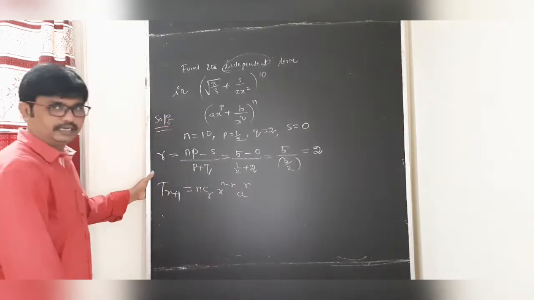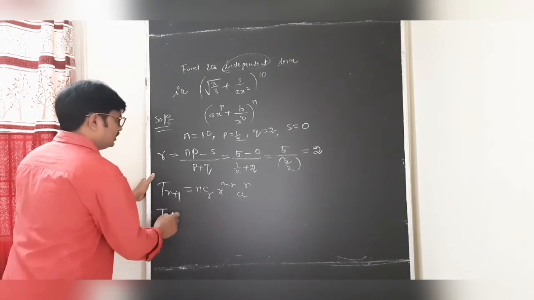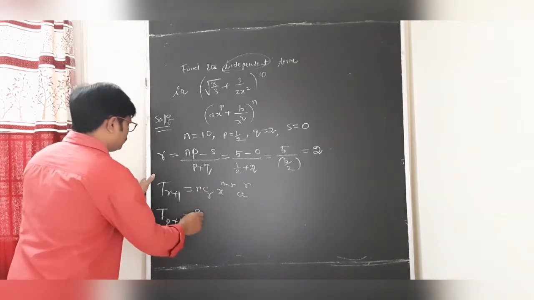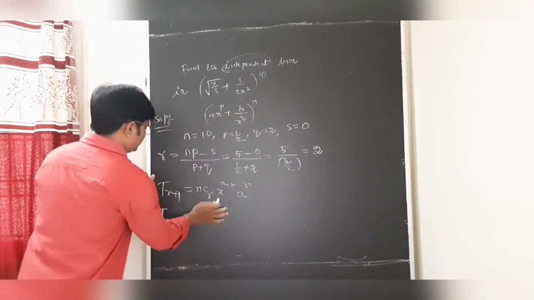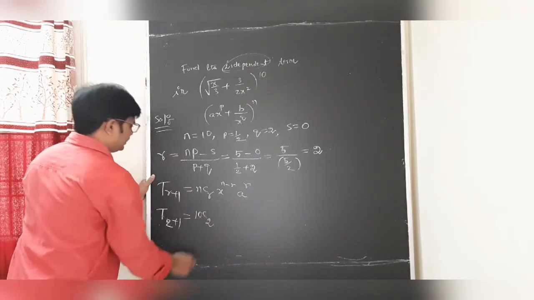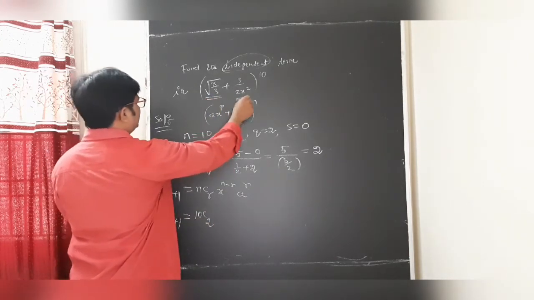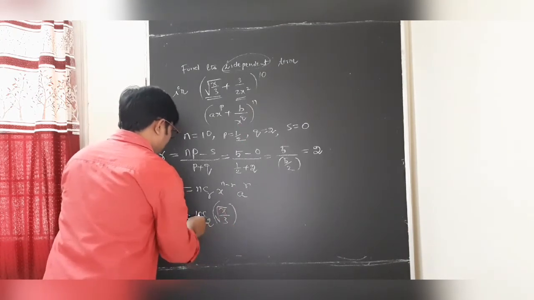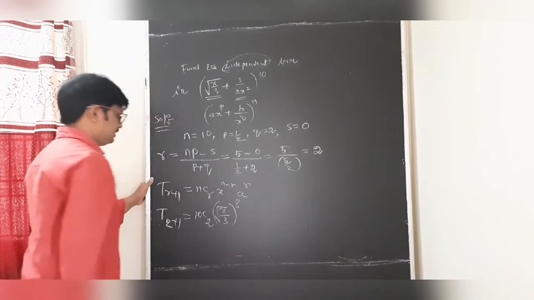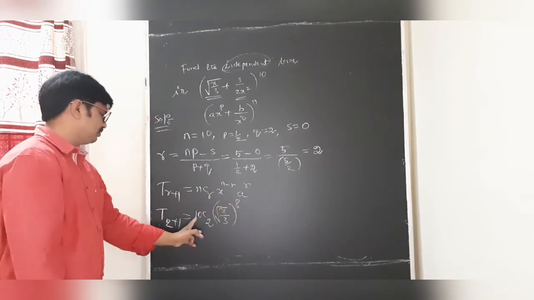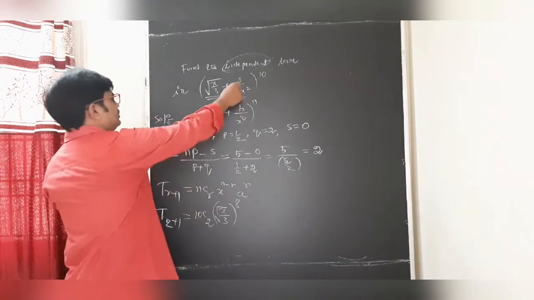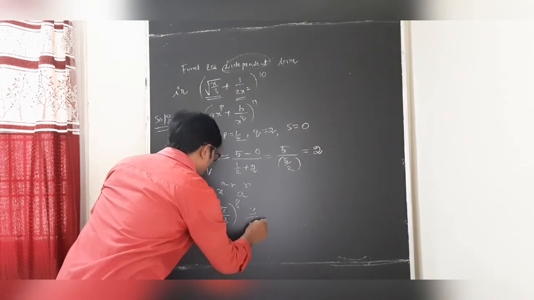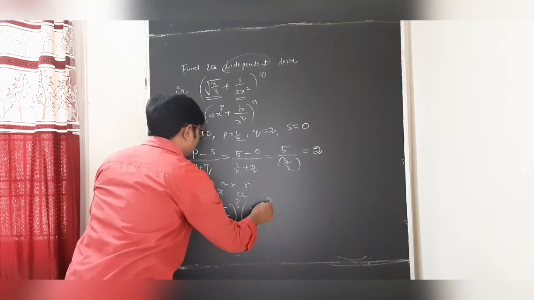So T(r+1), with r equal to 2, is 2 plus 1, that is nC2. n is 10, so 10C2. x is this one, root of x by 3. 10 minus 2 is 8, n minus r is 8. a will be this one, 3 by 2x square, whole power 2.